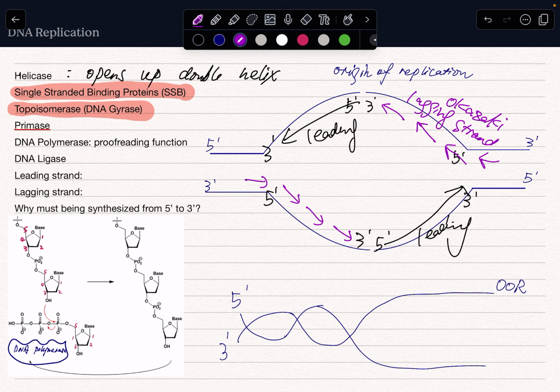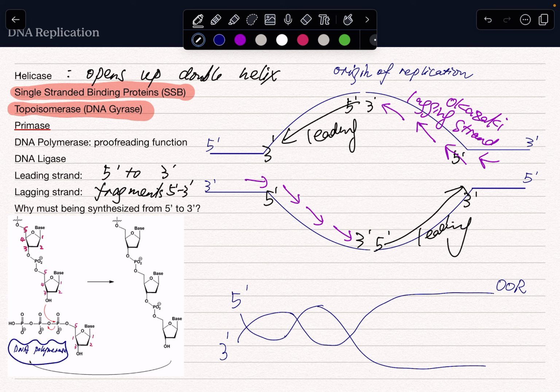All right, so that's how you tell which one is a leading strand, which one is a lagging strand, right? It's really simple. The leading one goes from 5 to 3. The lagging one still goes from 5 to 3, but in fragments, right? Okazaki fragments.